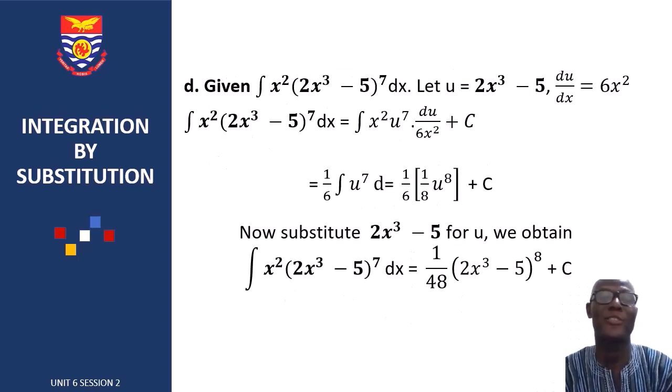Integration by substitution. Example D. The integral x squared into braces 2x power 3 minus 5 exponent 7 dx. To evaluate this, we use integration by substitution, and hence letting u to be 2x power 3 minus 5.